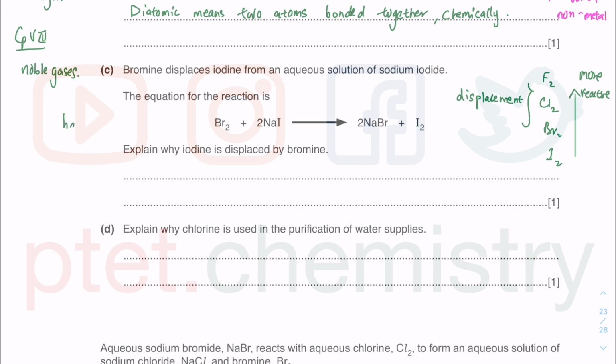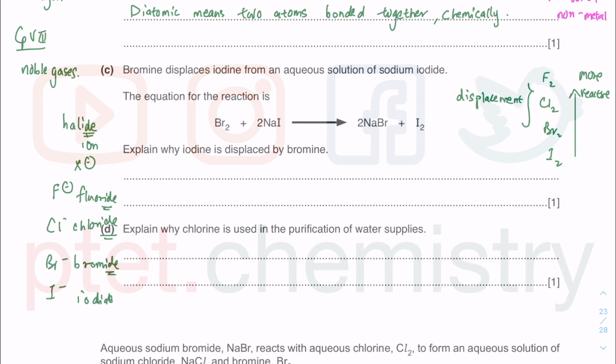Halide is an ion, an X minus. So F minus is called fluoride, with an IDE. Cl minus is a chloride, and so on and so forth, bromide as well as iodide. So that's what we mean by halide ion and halogen molecule.